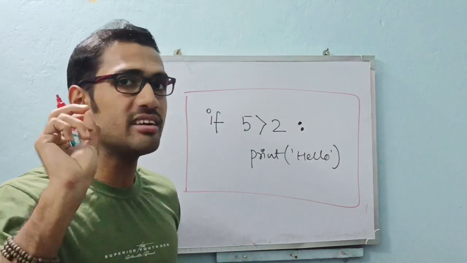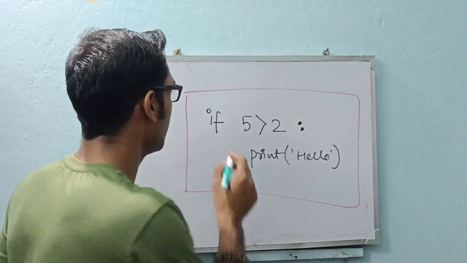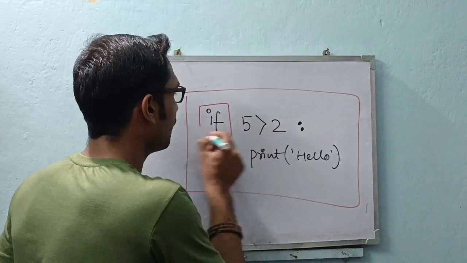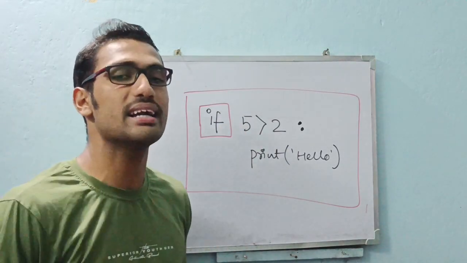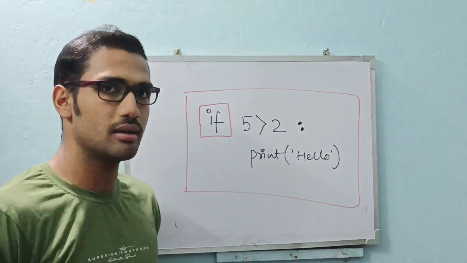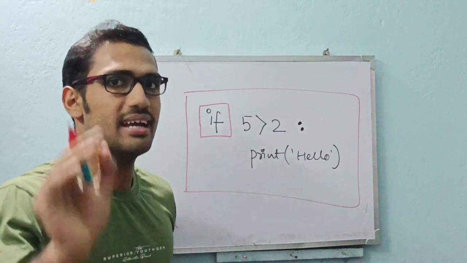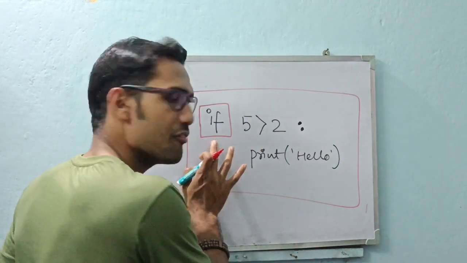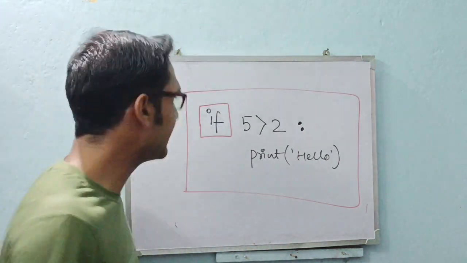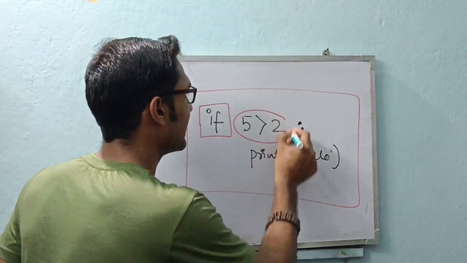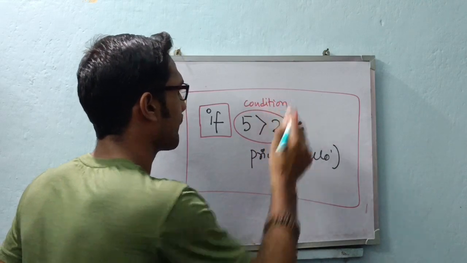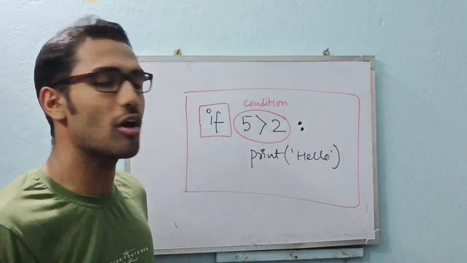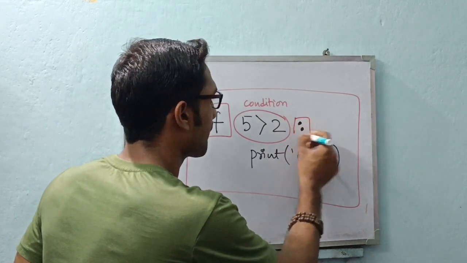What are the important points you need to take care of is that you need to first use the if keyword in order to indicate that you are going to use an if conditional statement, followed by a condition. So this if will be followed by a condition, and that condition is followed by a colon.